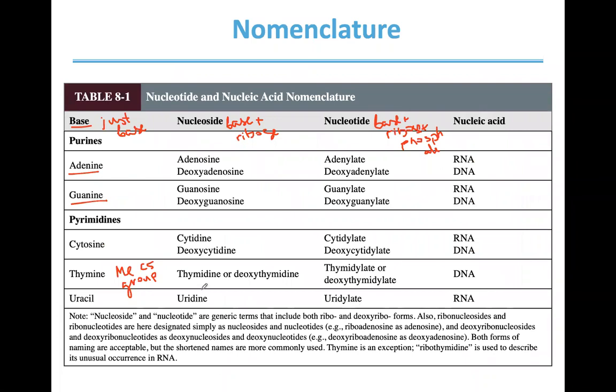So thymidine, deoxythymidine, thymidylate, deoxythymidylate, DNA, and uridine derived from uracil, uridylate, and its component of RNA. Right, any questions? Well, I don't know if you can have a question here. It's just a nomenclature that we need to get used to.